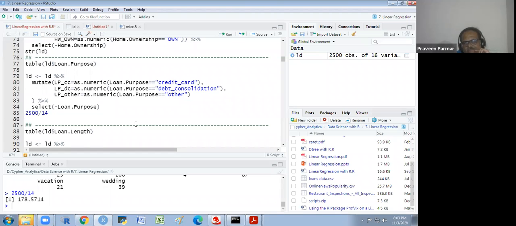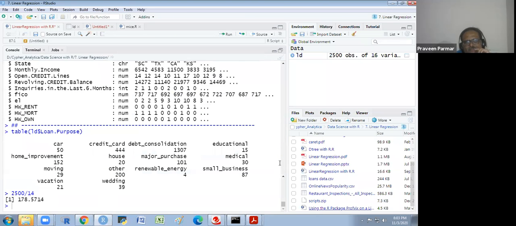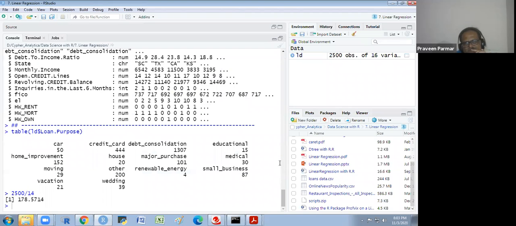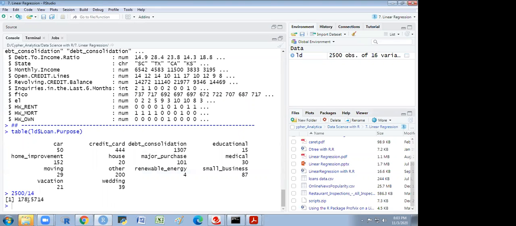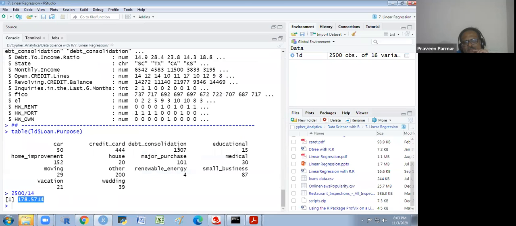What average am I getting across the 14 categories? I am getting an average of 178. Got it?